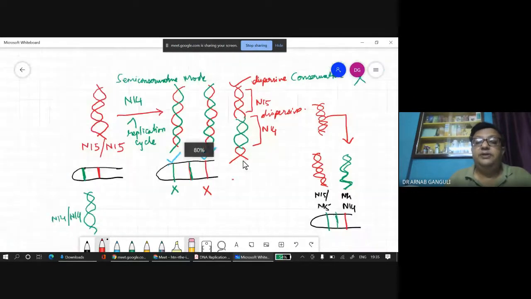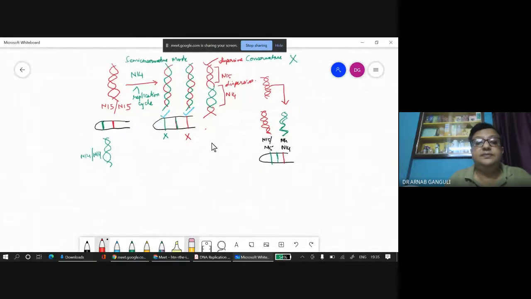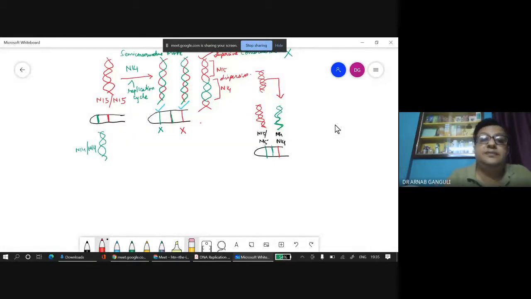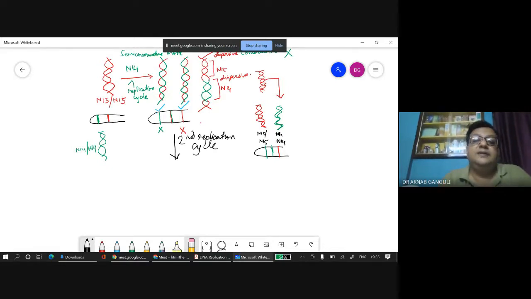Now what they did was they grew for the second replication cycle in N14. Now say if it was dispersive, what would have been the case?